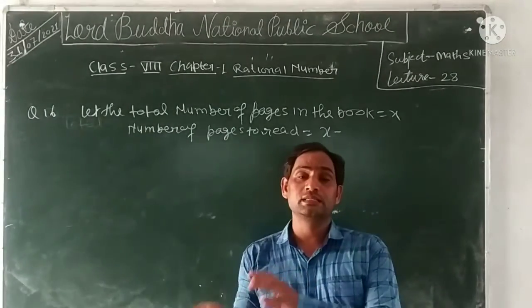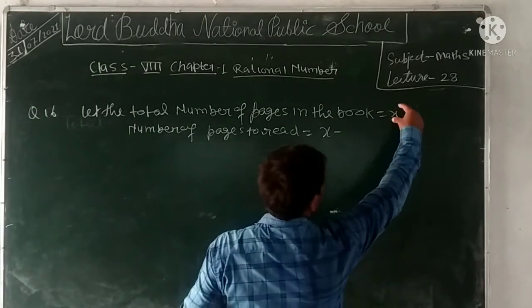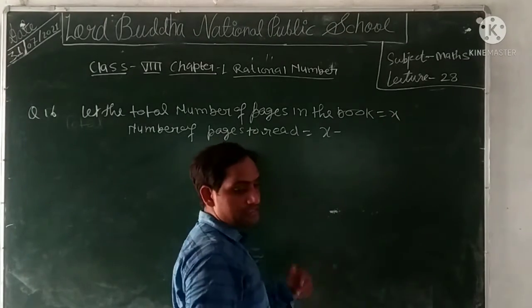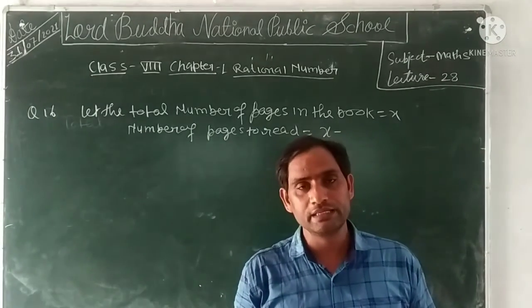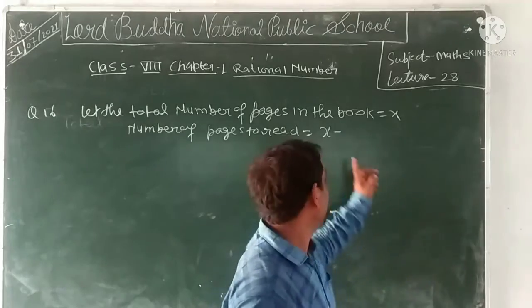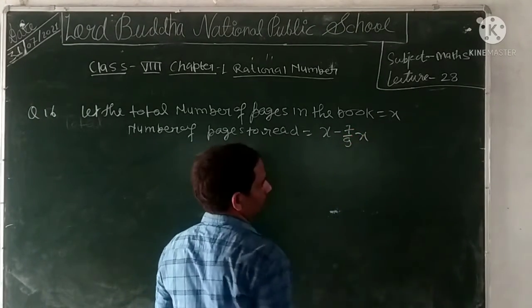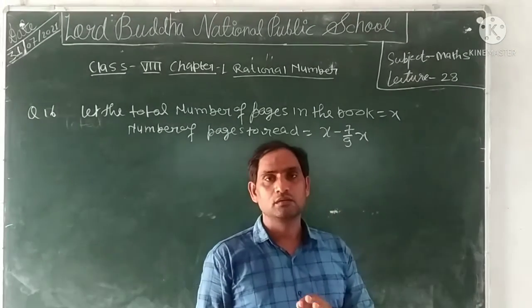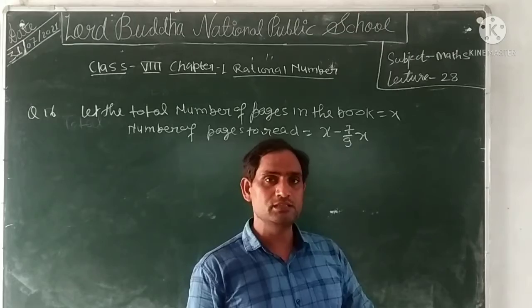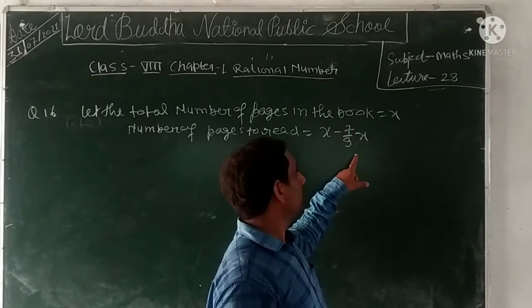the number of pages read. The total number of pages is x, and 7/9 part of it has been read, so what remains is x minus 7/9x. Total number of pages is x, the number of pages which have been read is 7/9x.